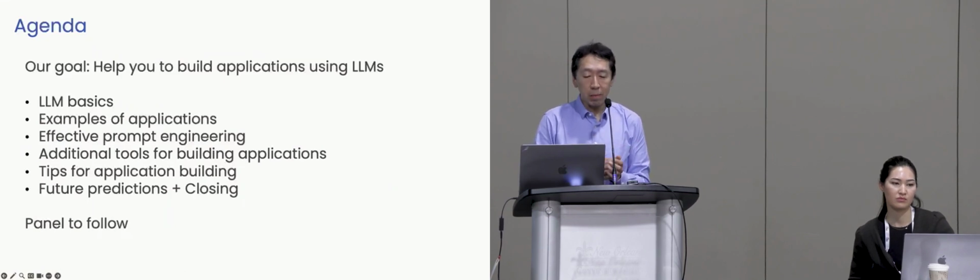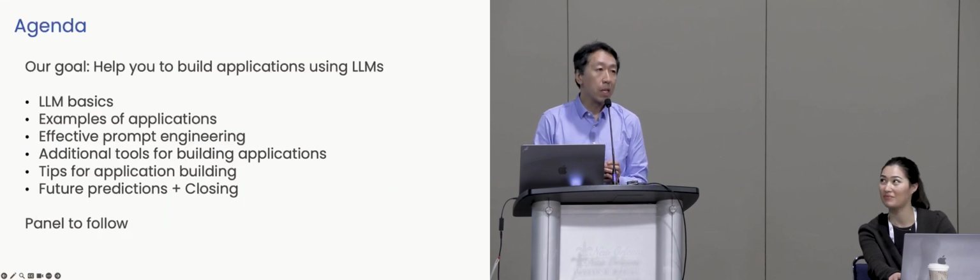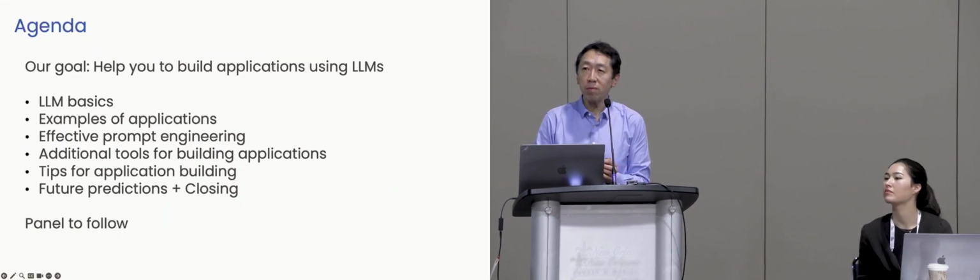And then talk about some examples of applications. Isa will have a lot of insights to share on how to write prompts and share some exciting cutting edge developments on tools for building applications. Then we'll also talk about some practical tips for building applications and wrap up with future predictions in closing before we go on to the panel.